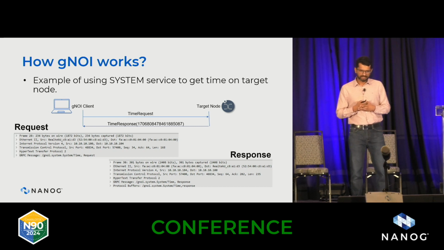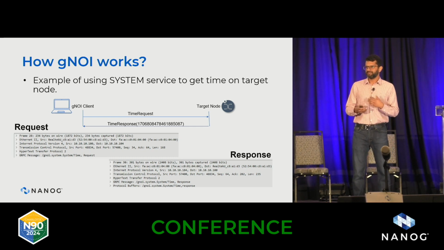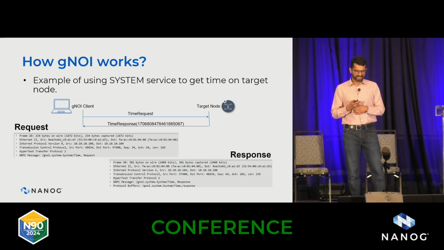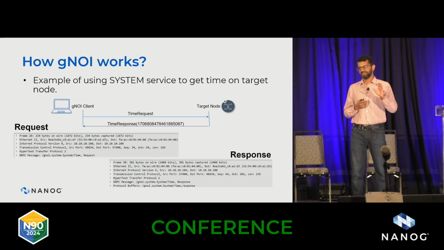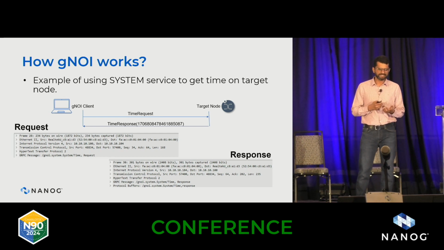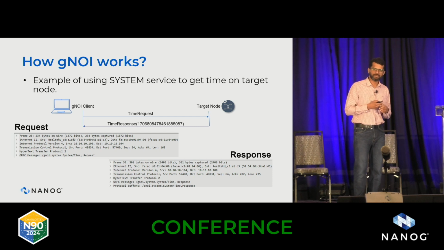Now GNOI has a list of services, and each service has a method, and each method will have certain RPCs. So in this example, we are looking at the system service. So we want to get the actual time on the node, the current time on the node. So we are using the system service. In the system service, there is a time method, and in the time method, there is a time request RPC.